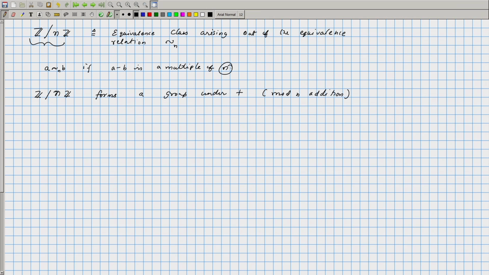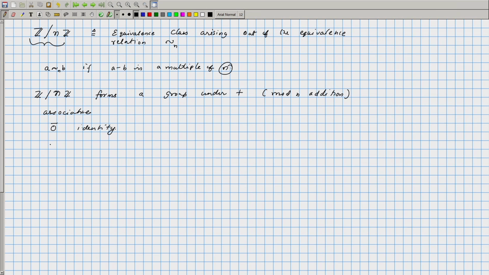We need to check first of all that this is a valid binary operation, which we had seen earlier, and clearly it is associative, and the equivalence class corresponding to 0 will act as the identity.